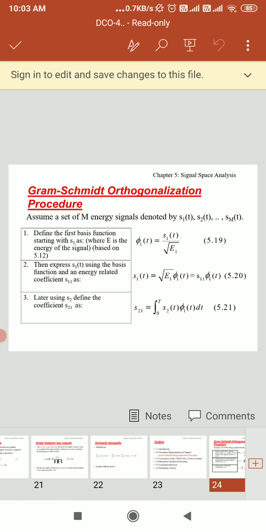We can denote the signals as S1(t), S2(t) up to Sm(t).